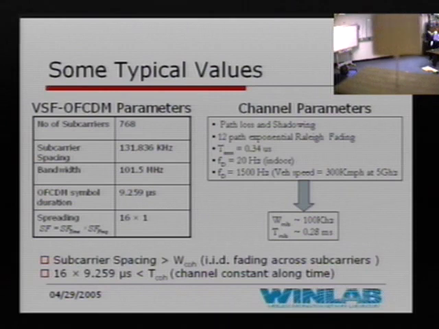And these are the kind of channels they encounter, for which the coherence time and the coherence bandwidth values are plotted here. If you see, the subcarrier spacing is roughly greater than the coherence bandwidth, and this means that the channel gains in different subcarriers are approximately uncorrelated.